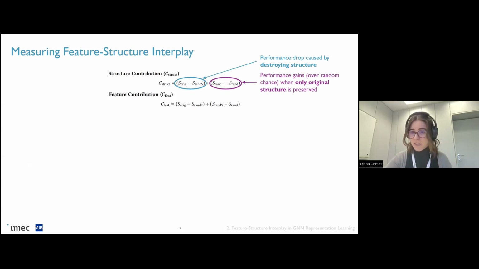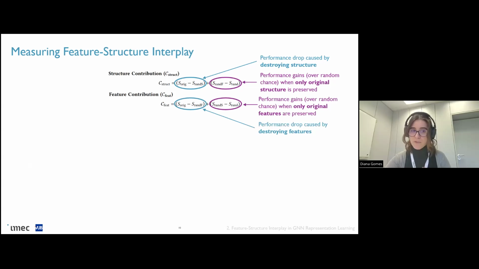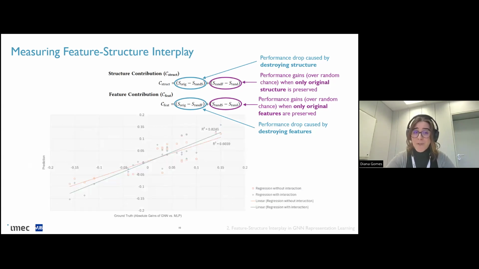And they are essentially equivalent. So for the feature contribution, we do something similar. It's the performance gains that we have by keeping the features and the performance drop caused by destroying the features. And we wanted to see if these metrics were actually good predictors of what we wanted to see.